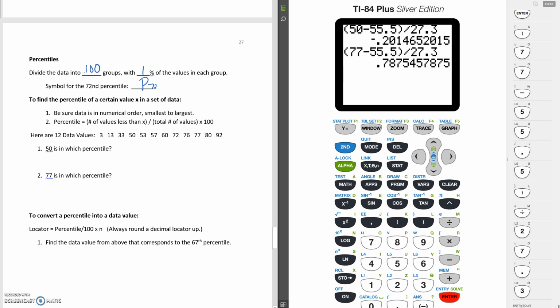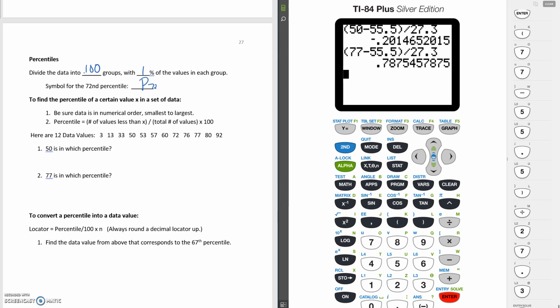Now, what a percentile means, if you're told that you're in the 72nd percentile, let's say for height, that means that 72% of people would be shorter than you. So if you're told you're in the 80th percentile for a standardized test, that means that you scored better than 80% of the people. Okay, so here's how we can actually find them.